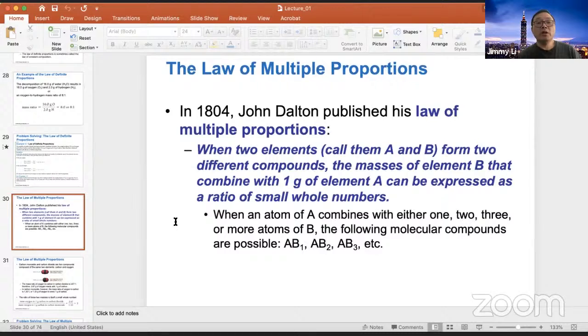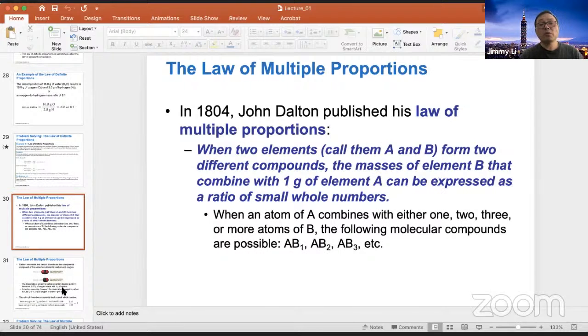In 1800, there's a scientist called John Dalton. He has the law of multiple proportion. He said when two elements are formed together into different compounds, they can form in different ways. You could have AB1, AB2, AB3, and so on.